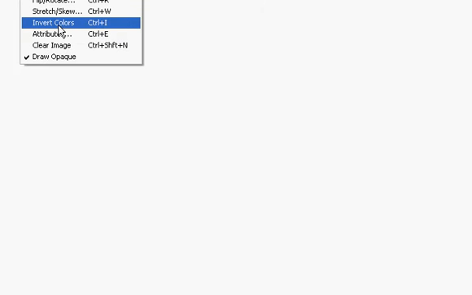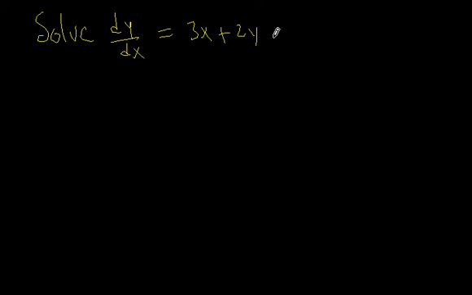The question says to solve dy over dx, which is equal to 3x plus 2y plus 4 whole power 2.